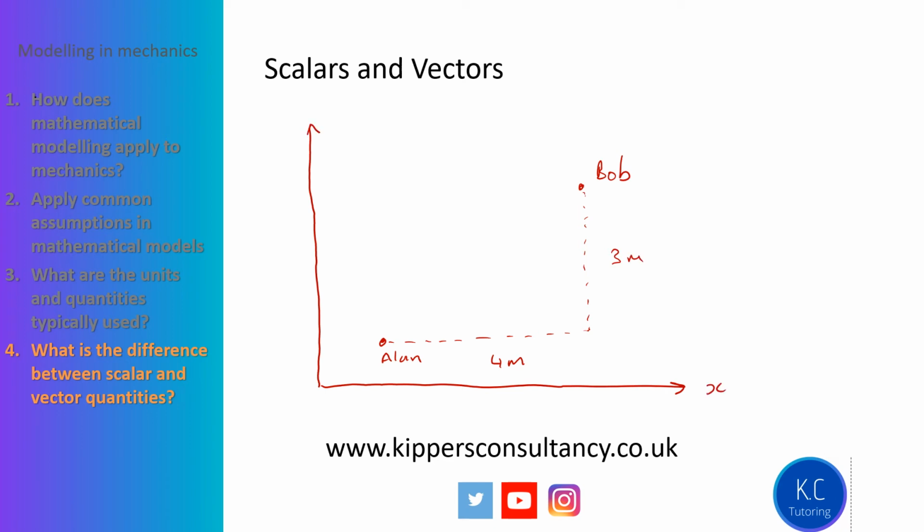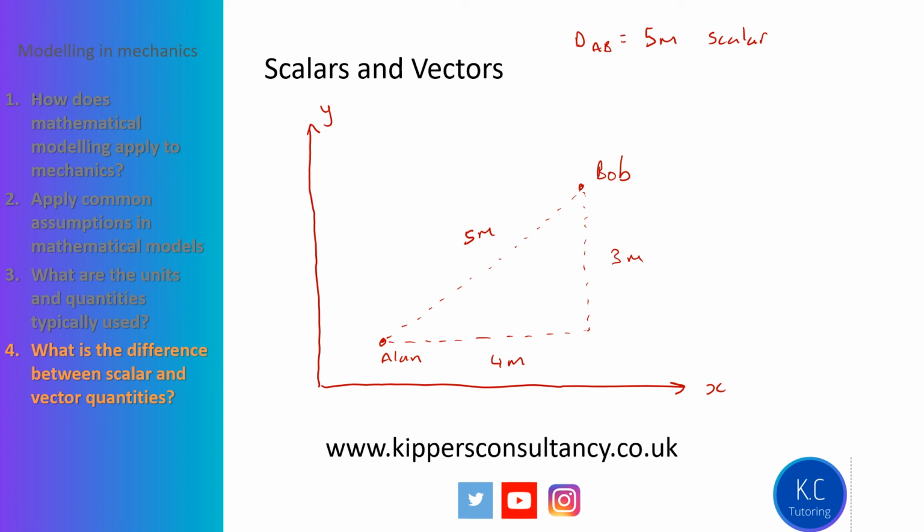So this is our x direction horizontally and our y direction vertically. Now, by Pythagoras, we can see that this is 5 meters. So the distance between Alan and Bob is going to be 5 meters. And that is a scalar because it basically says how long or how far the distance is between Alan and Bob.